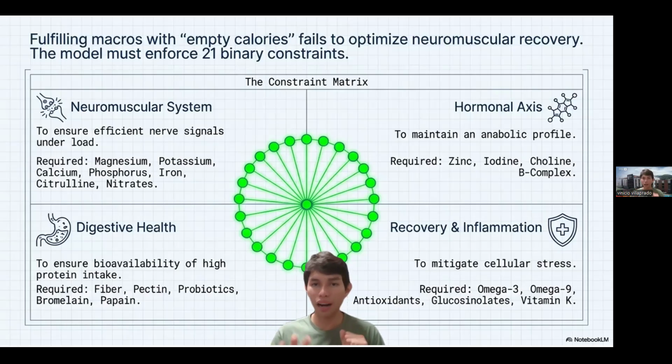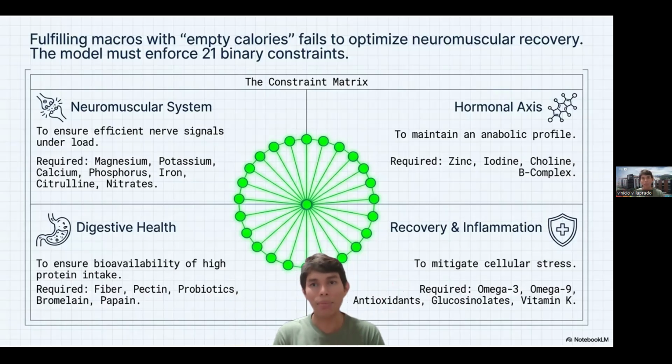Here I chose four principal axes so my diet can meet them. First, the neural system, because when you are lifting weights, your muscles need to be activated through certain ions: magnesium, potassium, calcium, phosphorus, iron, etc. Also, the hormonal axis.